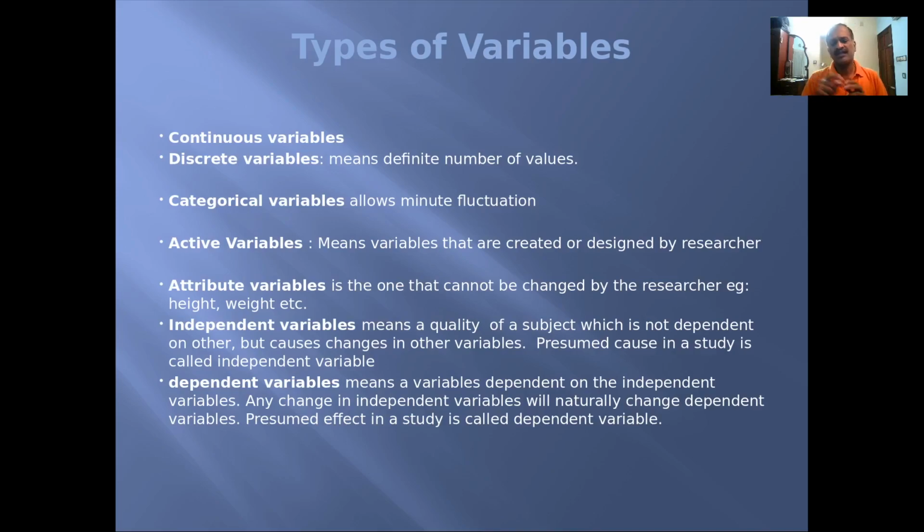Now a researcher is always interested in the dependent variable. Clear? A researcher is always interested in the dependent variable. He always tries to measure and study the dependent variable.